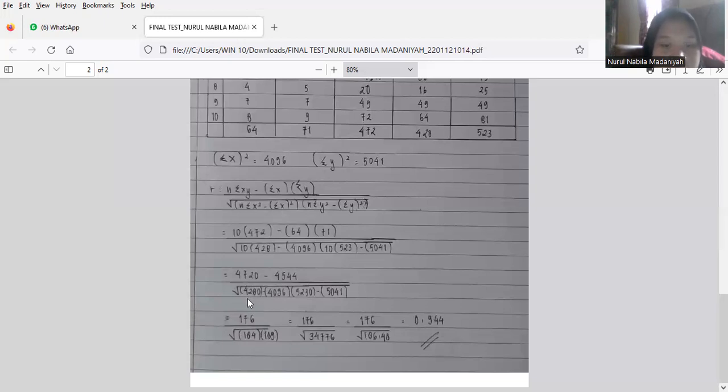It is 4218 minus 4096, I get 184, and 5230 minus 5041, I get 189, and equal 176 per square root.